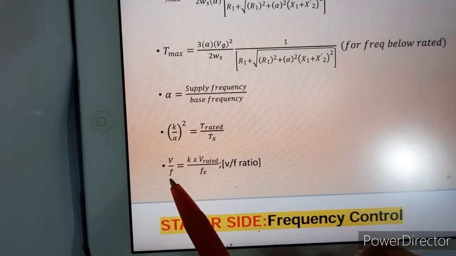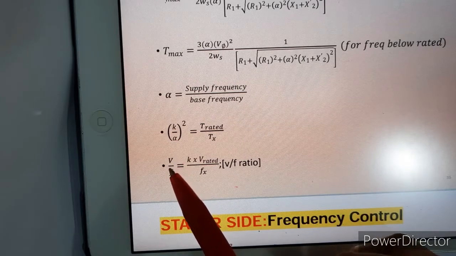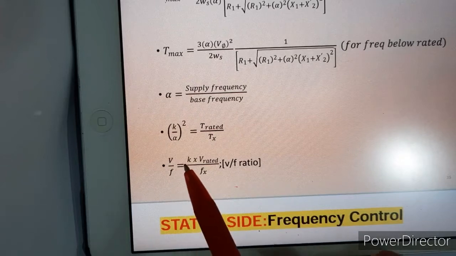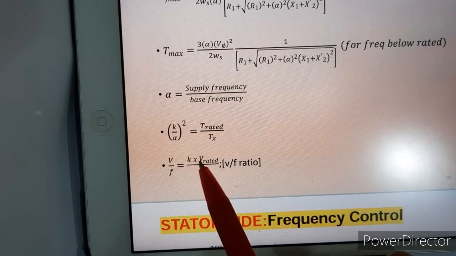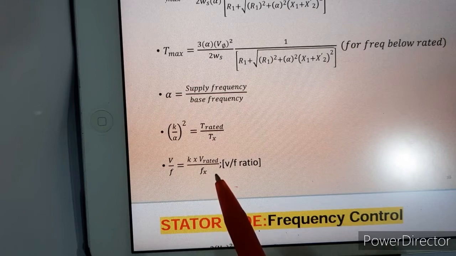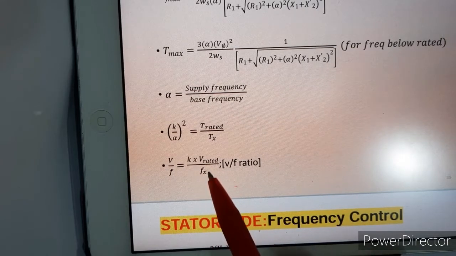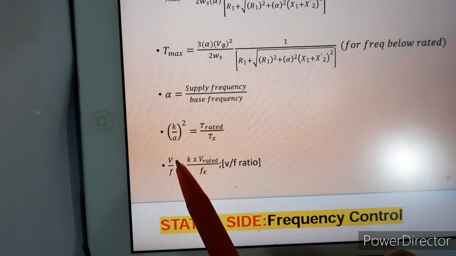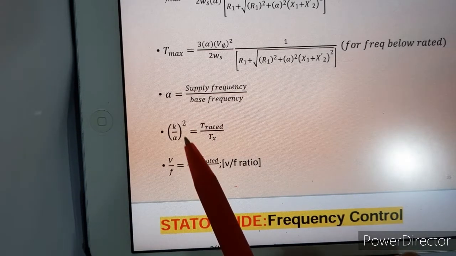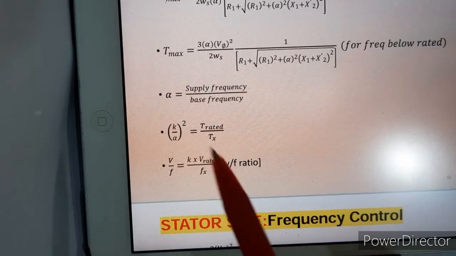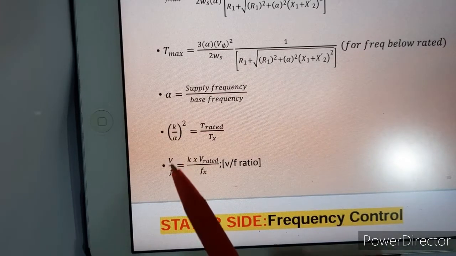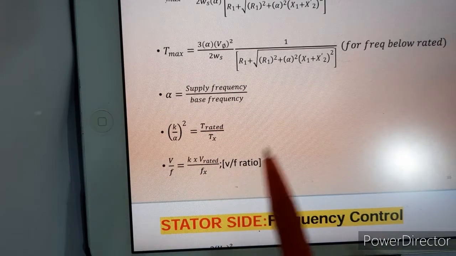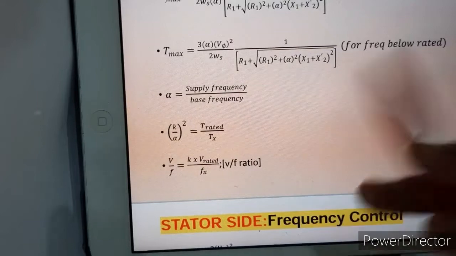To determine the voltage frequency ratio, which we call the V/F ratio, it is K multiplied by V rated divided by Fx, where Fx is our variable frequency. K is the constant that we get from this equation. So V/F ratio is given by K multiplied by V rated divided by Fx.